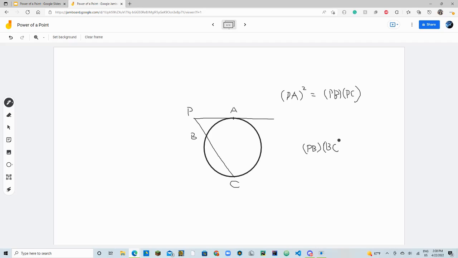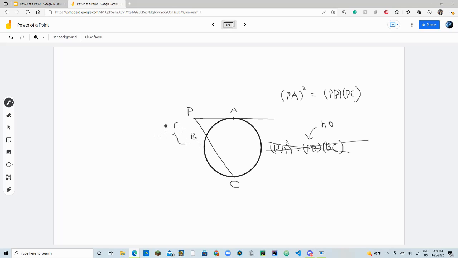So remember, it's not PB times BC equal to PA squared. This is wrong. Don't do this. It's PB times PC.